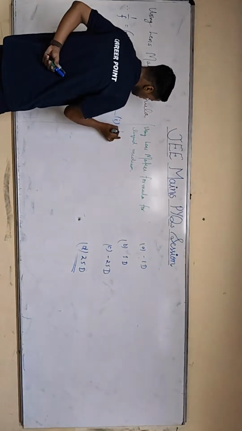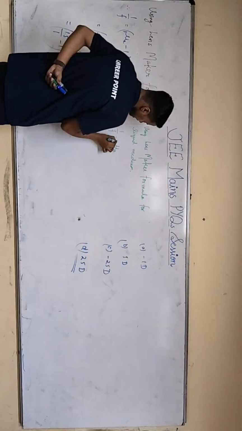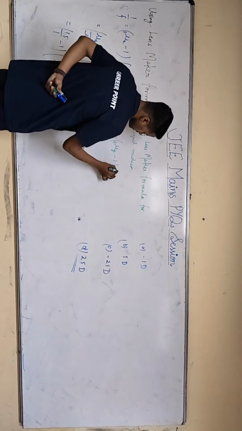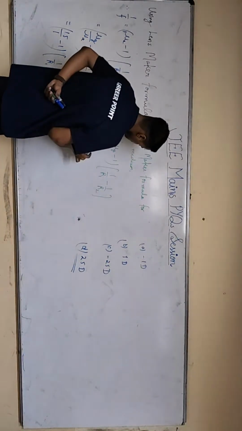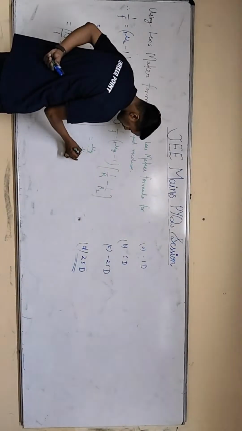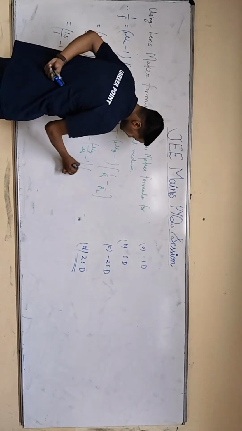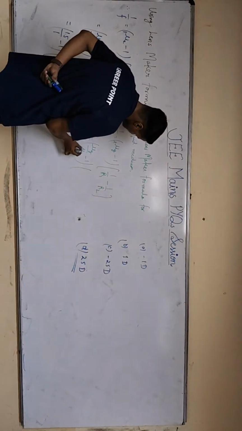As you know very well, 1/f is equal to mu g upon mu l minus 1, into 1/R1 minus 1/R2. So it becomes mu g upon mu l, the refractive index of glass over the refractive index of liquid. The L is not length, it is liquid.